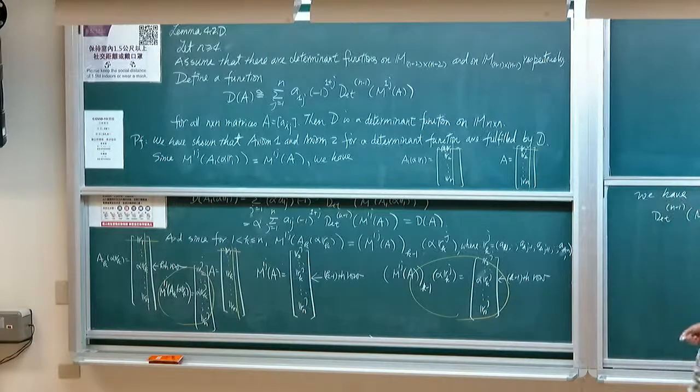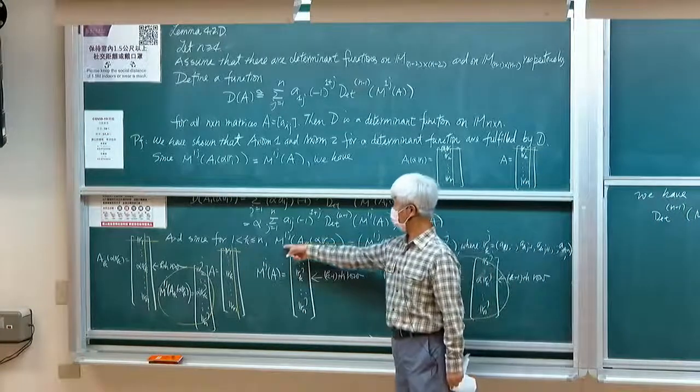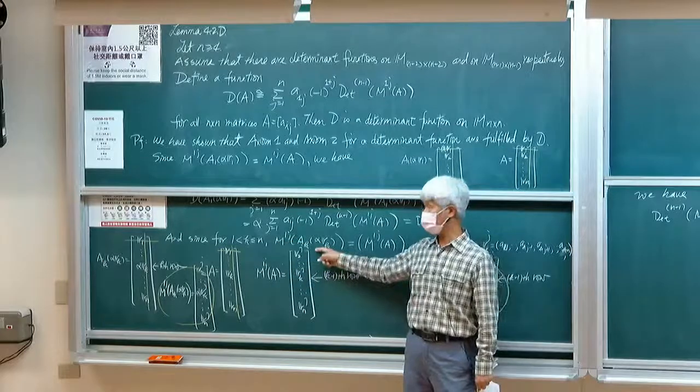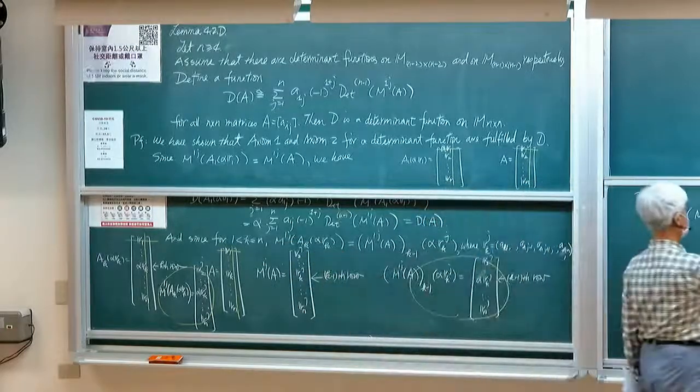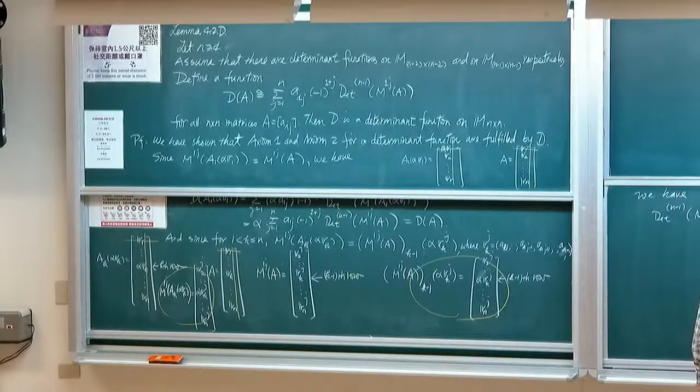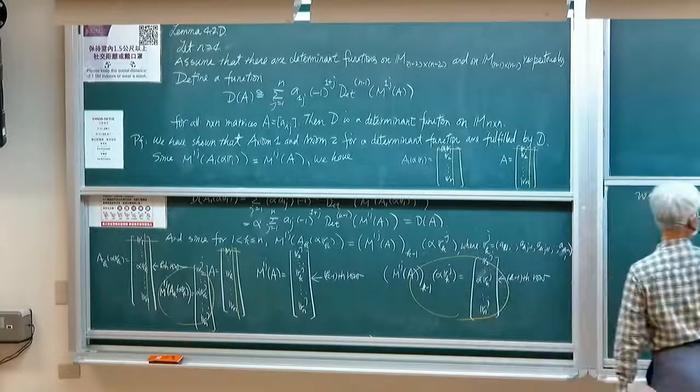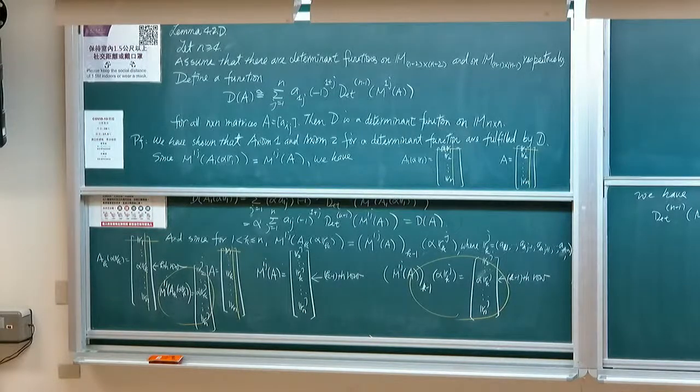Okay, so the determinant of this (n-1) times (n-1) matrix is equal to the determinant of this matrix.